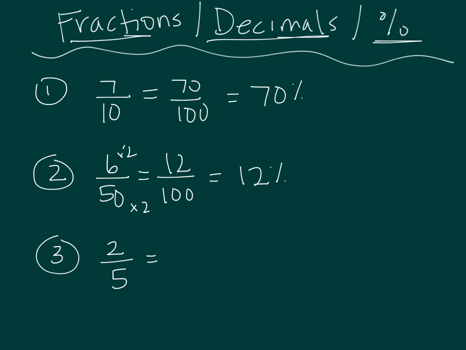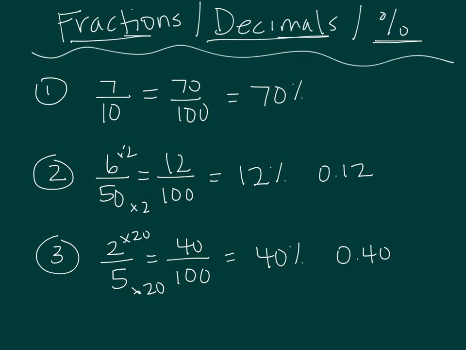Well, we could go to 100 times 20, and therefore 2 times 20 would give us 40 out of 100, which is 40%. By the way, that's 0.40, this is 0.12, and this is 0.70.